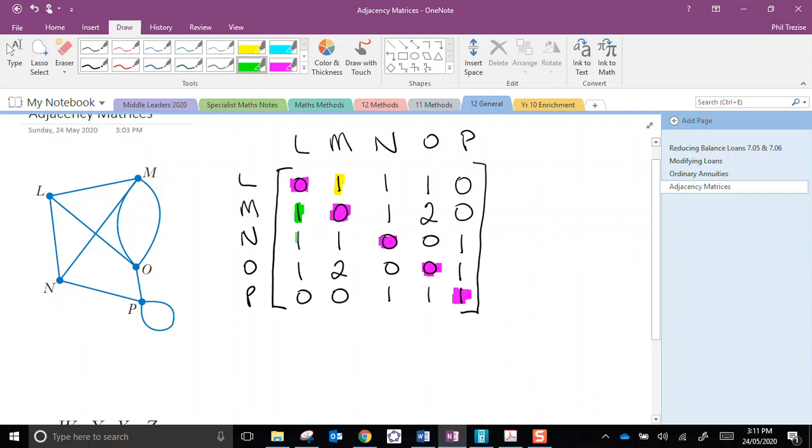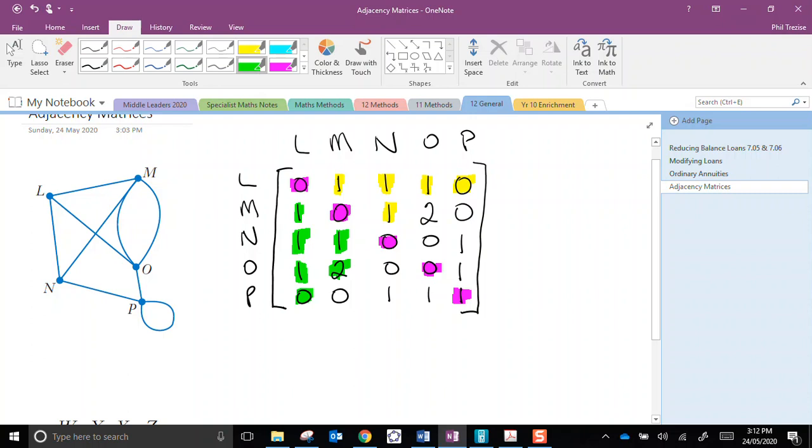Now let's go through here. Remember we said that the entries in the lower triangular part have a corresponding entry in the upper triangular part. That one would correspond to this. That one there would correspond to this. The 0 there would correspond to this one.